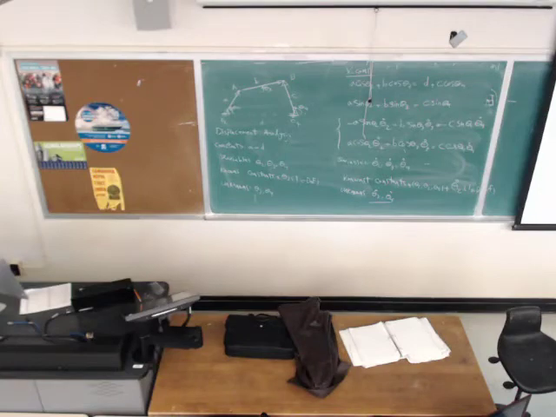Same thing for the second equation: c theta dot 4 cosine of theta 4 minus b theta dot 3 cosine of theta 3.